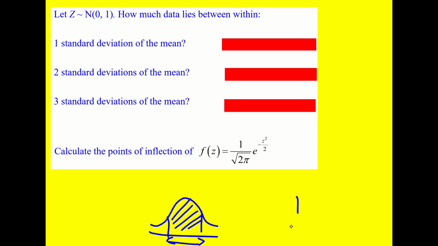Other times, and this is a new idea really, we're interested maybe in how much data is within one standard deviation of the mean. So for a general normal distribution, it would be this, and I'd be saying, how much data have I got here? It's giving me a feel for what's going on. So this is what I want you to do for the standard normal distribution. Can you find out how much data lies within one standard deviation of the mean, 2 and 3 standard deviations of the mean?